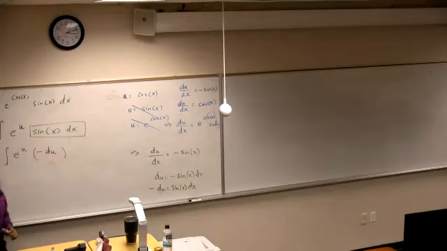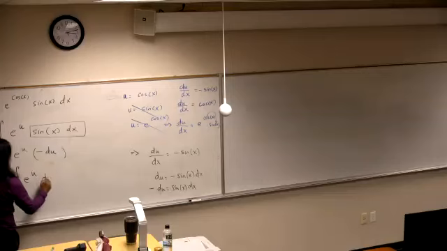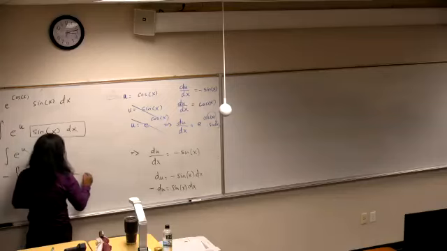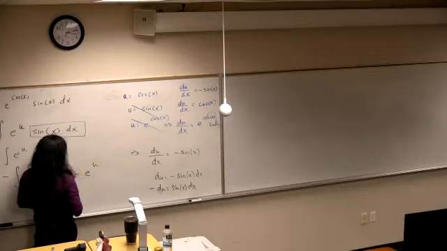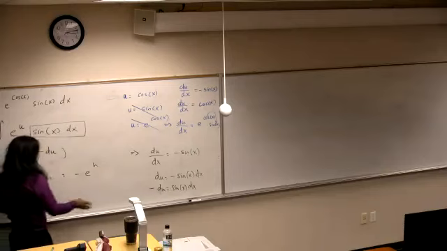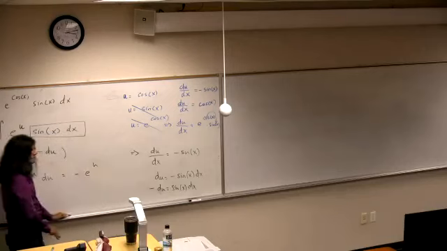Negative is just negative 1, I can pull that out of the integral. The negative comes out. What is the integral of e raised to u? E raised to u. Are we done yet? No. Students tend to put plus C right here.